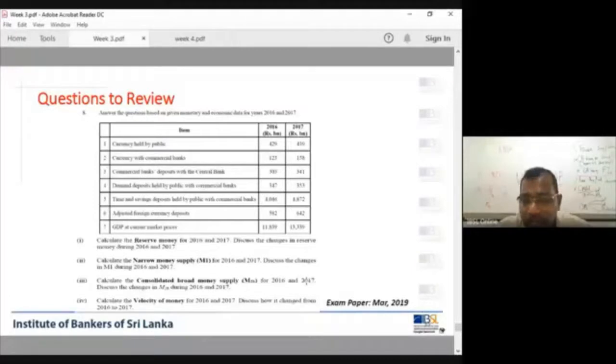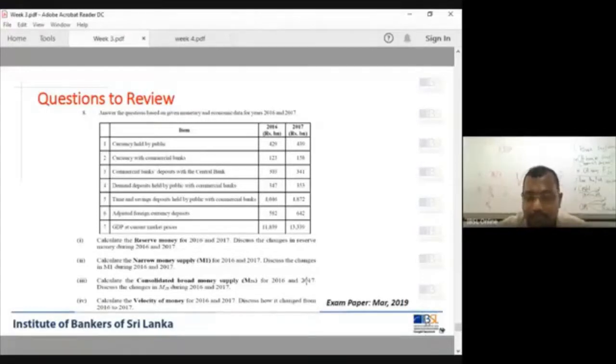Do we have nominal GDP given? Yes. GDP at current market prices means nominal GDP. So if you divide it by broad money value, you get velocity. So just quickly do the calculation and tell me the answers for 2016 and 17.